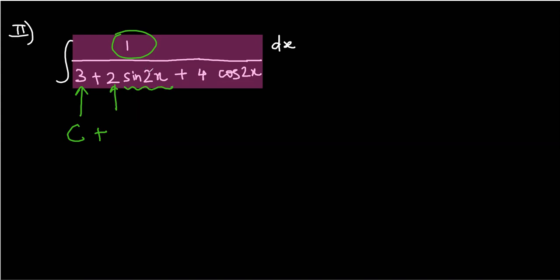Yes, it is a constant multiplied with sine 2x. The angle is double. So it is c plus b sine 2x plus a cos 2x.